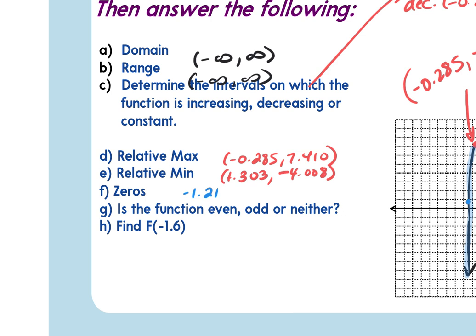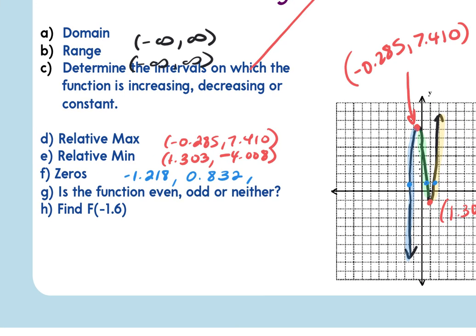Trace it again, zero. Now I'm going to the left of the second time it crosses through the x-axis, then right of it, and then guess. And I get 0.832. And then the last time it crosses through, second trace zero, I want to go left of it, I want to go right of it, and I want to go right there, and that's 1.613.